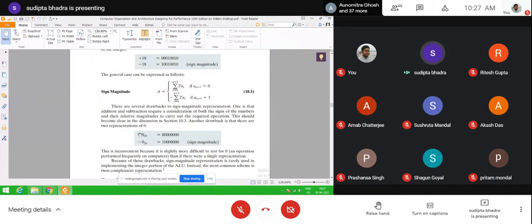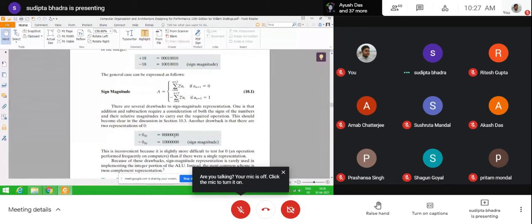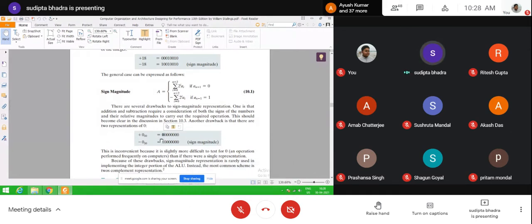So plus zero, in decimal zero, is represented in binary with the sign bit, the A7 bit, as zero, and from A0 to A6 all the bits are zero. So A7 is representing the sign, and zero means it is plus zero.